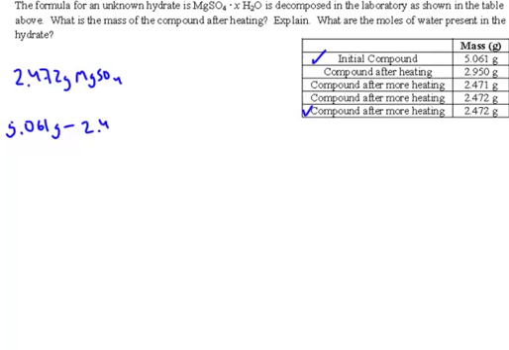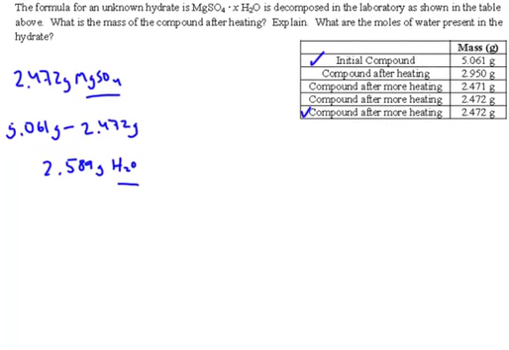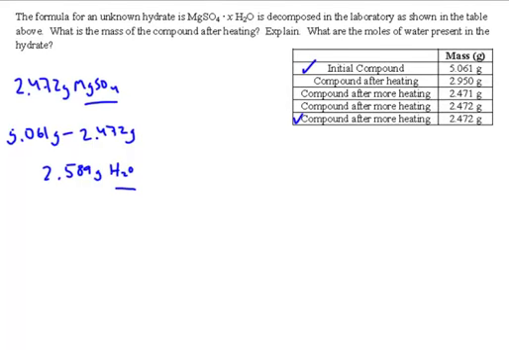We take the 2.472 grams, which doesn't have any water in it, and when we subtract, we end up finding 2.589 grams, that's water. That was the water that was heated off. If you see, we want to know the mass of the compound after heating, and we want to know the mass of the water. That's basically what all this data is there for.